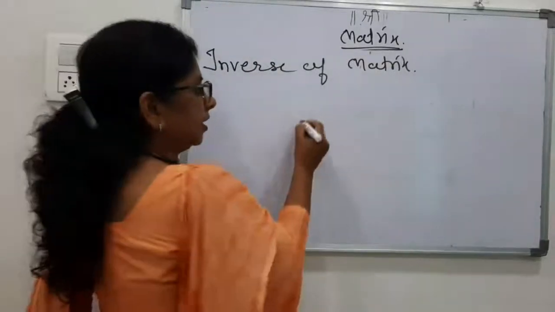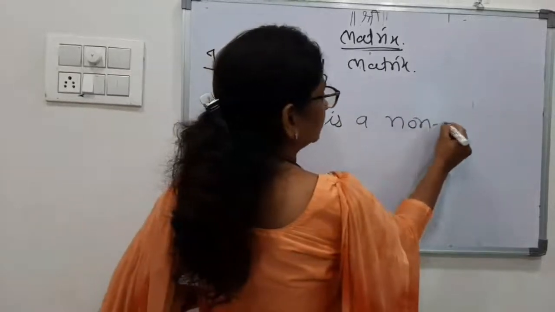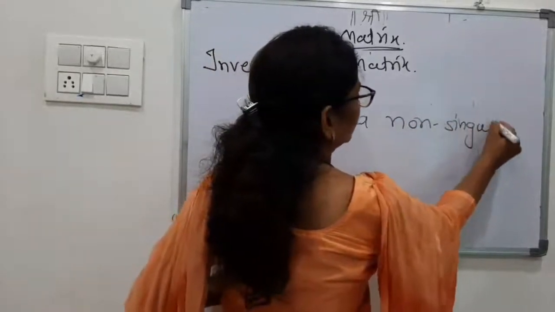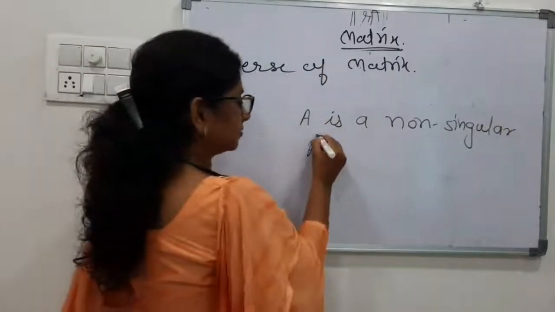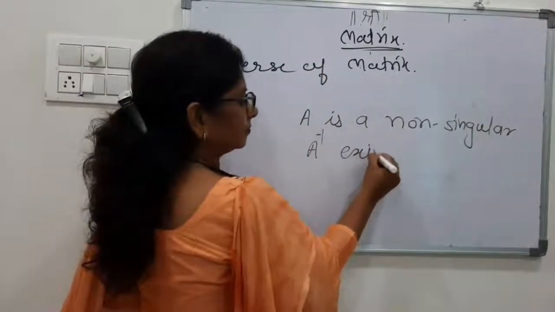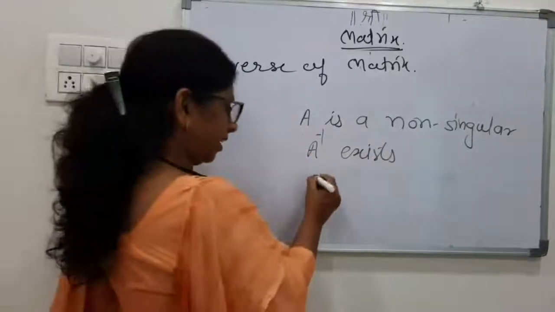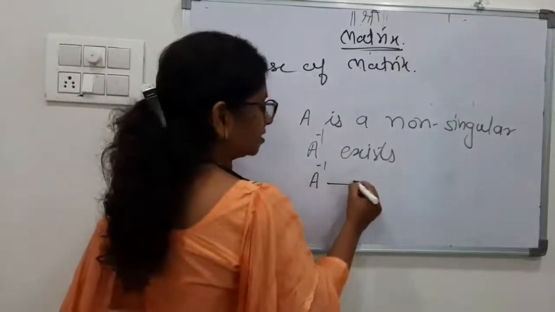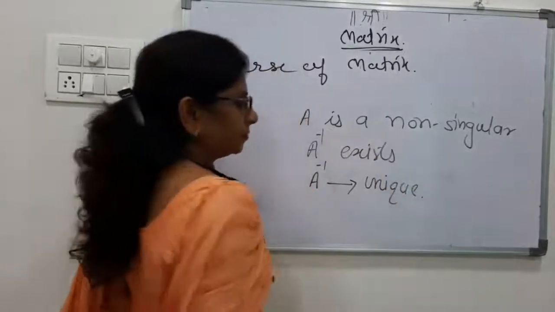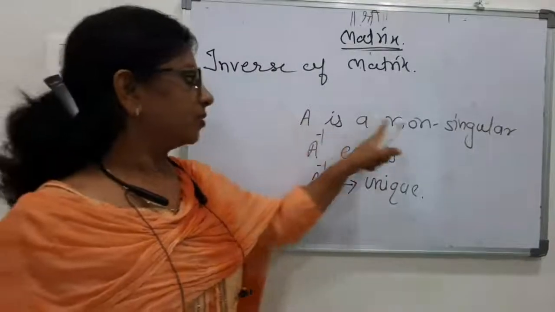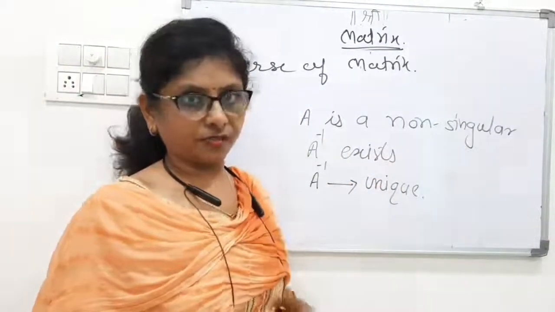Now we have seen that if A is a non-singular matrix, then definitely A inverse exists. Then if A inverse exists, this A inverse is always unique. Means any non-singular matrix will not possess two inverses.